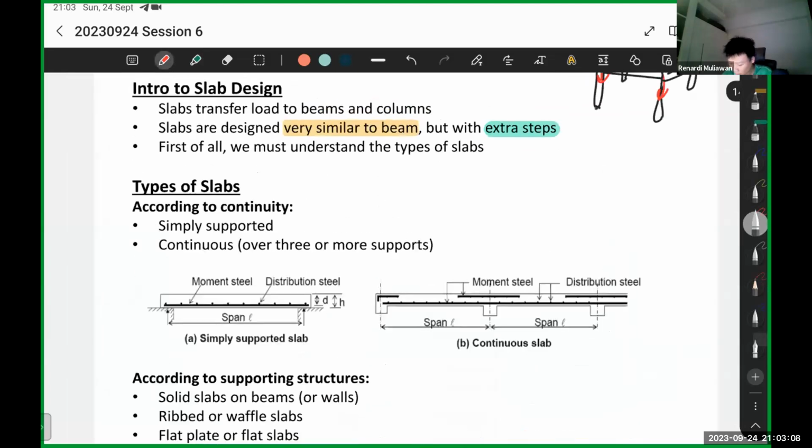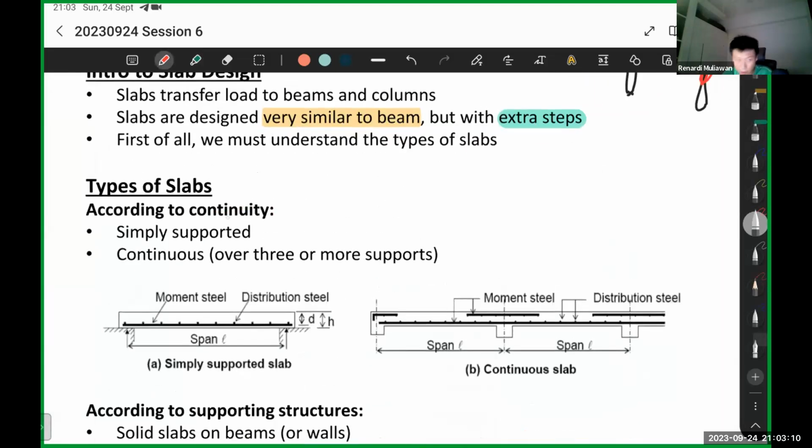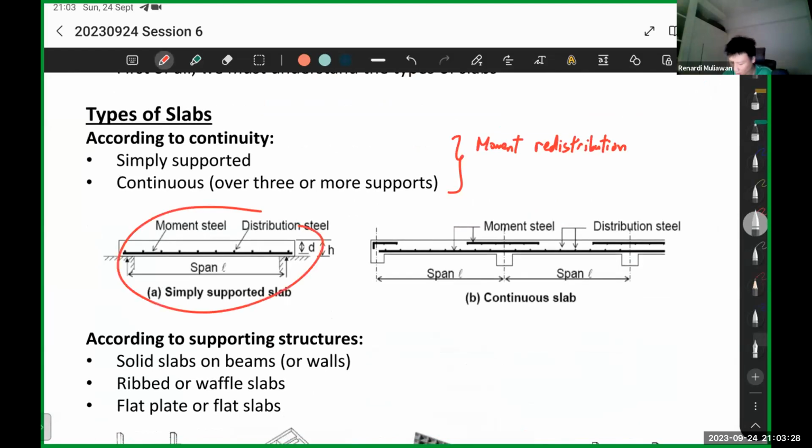For continuity, there are two types. It can be simply supported, or it can be continuous. Differentiating this is important for the moment redistribution. This one is quite similar to your beam. Let's say you have a simply supported slab, then you expect the bending moment diagram to be just like this.